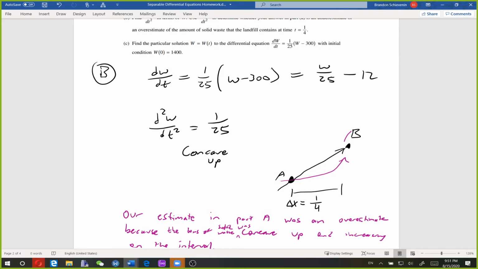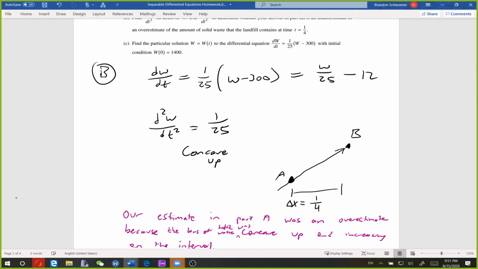Okay, I'm going to double check myself really quick. Oh, I got this one wrong actually. We were not overestimating. Our slope is positive, so I'm increasing. I apologize. It's the same reason, but this should actually be underestimating for our curve.